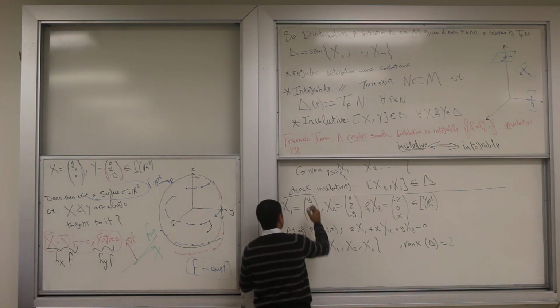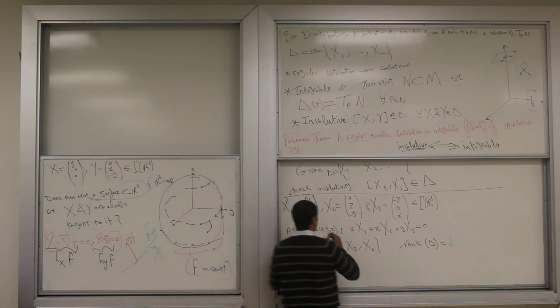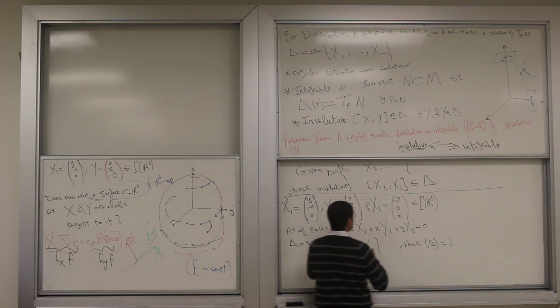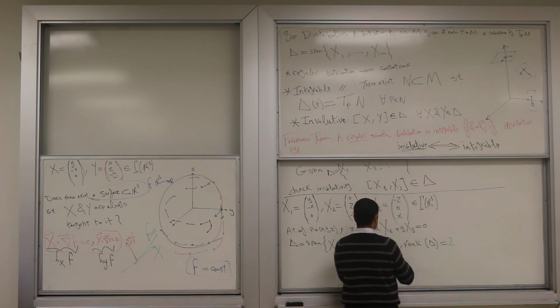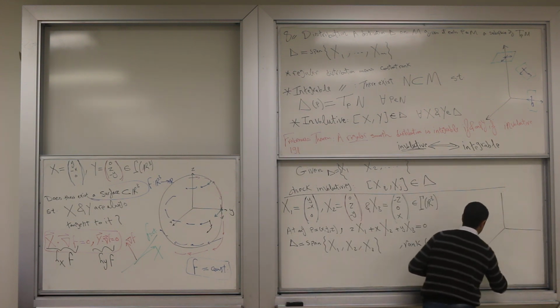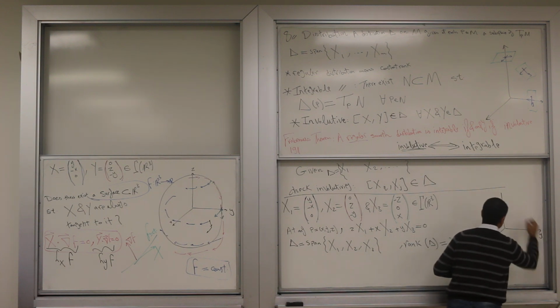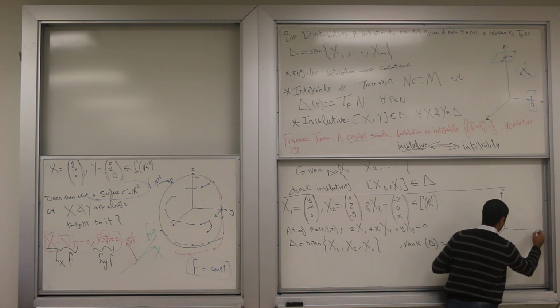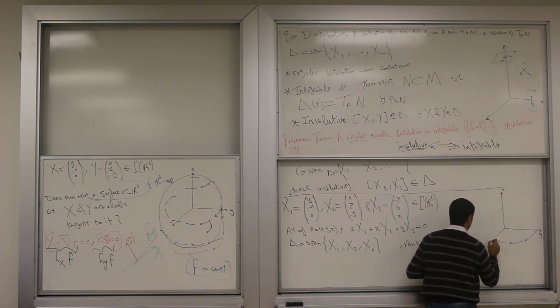So if this is blue, and this is red, and this is green, and this is R3, X, Y, and Z. You guys know that here is the blue, it's like flying westward.